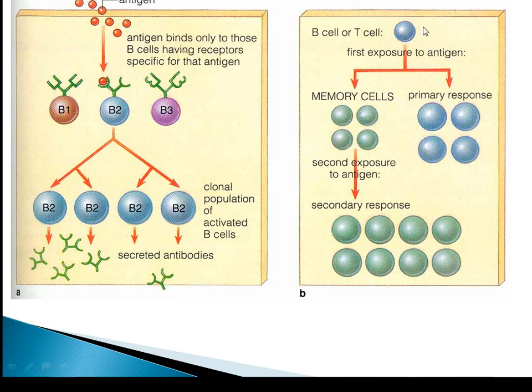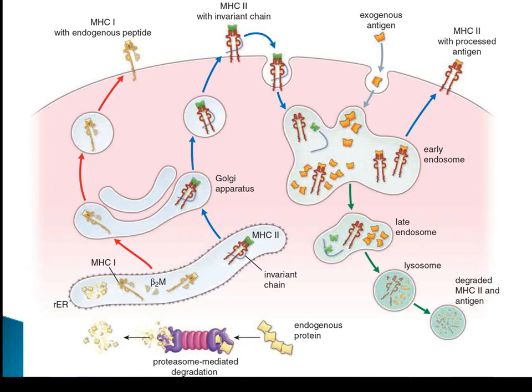So first exposure to antigen creates the primary response, the effector cells and memory cells. And in secondary exposure we have clonal expansion, so we have more cells that can react with that particular antigen. That's why the secondary response will be more potent.